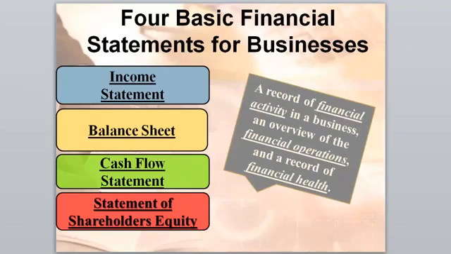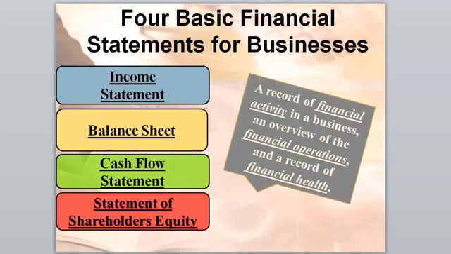So all publicly traded companies are required to file four basic financial statements. You have the income statement, the balance sheet, the cash flow statement, and the statement of shareholders' equity. Now in this video, we're going to go over the income statement and the balance sheet more in depth. We'll briefly cover the cash flow statement, but the statement of shareholders' equity is probably better left for your advanced accounting courses, because you probably won't be dealing with much of the information that's in here unless you're more of an advanced financial analyst.